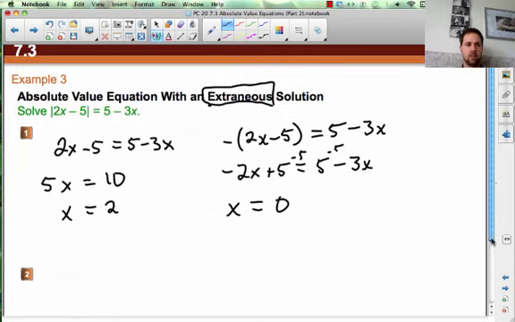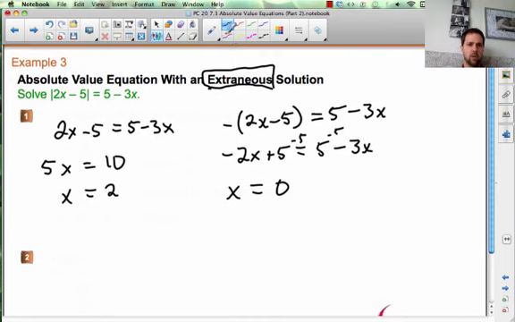So let's see if these are true. So this first one, let's plug 2 in. Absolute value of 2 times 2 minus 5 equals 5 minus 3x.